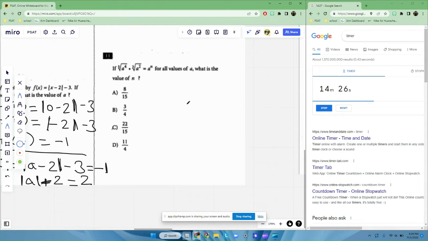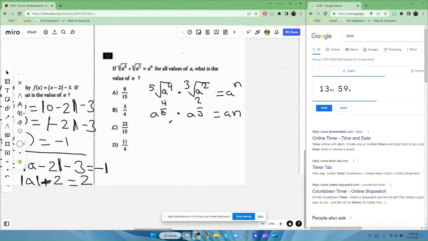Problem number 11. All right, so we have this. So what we can do is make this into fraction powers. So how this would work is it's equal to a to the n. We're trying to find n, not a, only n. So we can make this a to the 4 over 5 times a to the 2 over 3 is equal to a to the n.